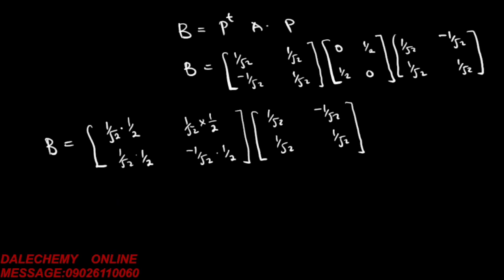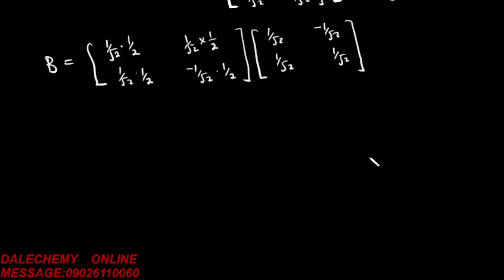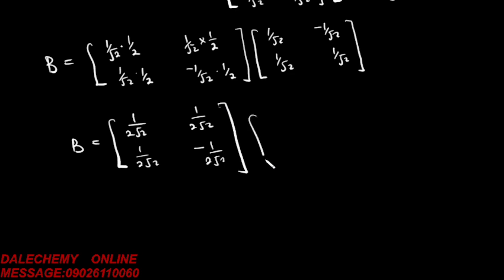So we are going to have B equal to 1 over 2 root 2, 1 over 2 root 2, and 1 over 2 root 2, minus 1 over 2 root 2, times 1 over root 2, minus 1 over root 2, 1 over root 2, 1 over root 2.